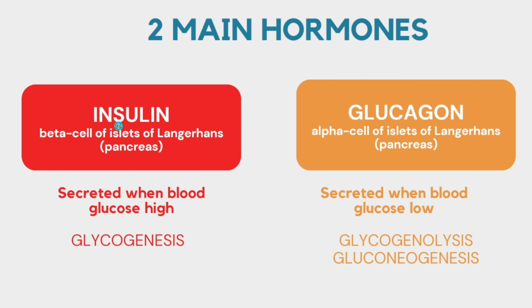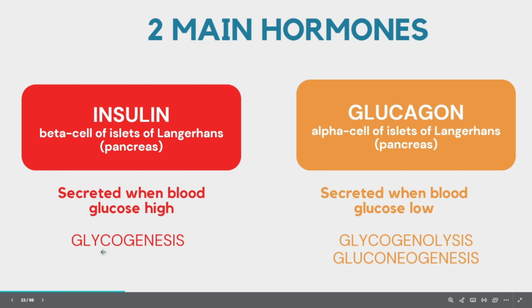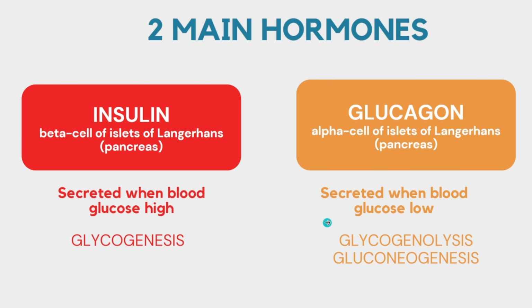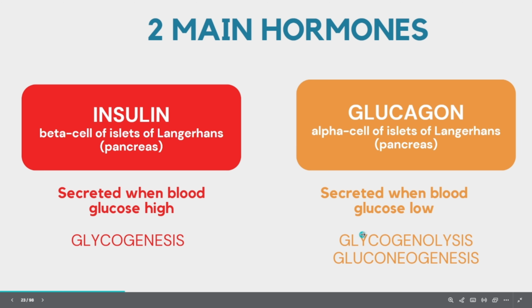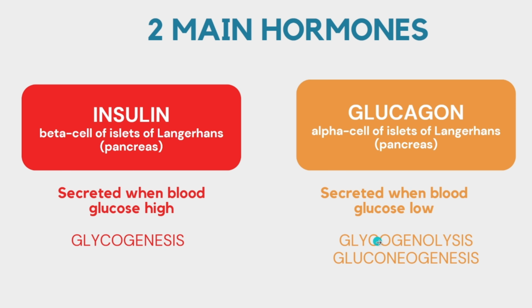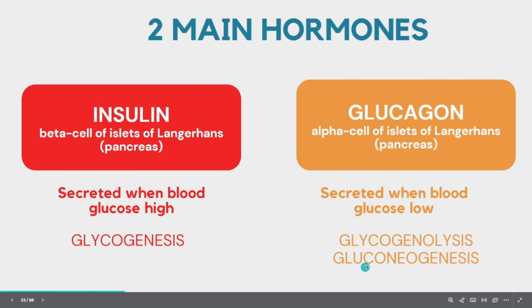The condensation of glucose into glycogen is called glycogenesis. Another one is the hydrolysis of glycogen into glucose, which is glycogenolysis. Another process is gluconeogenesis. This process is the formation of glucose by using non-carbohydrate substances.